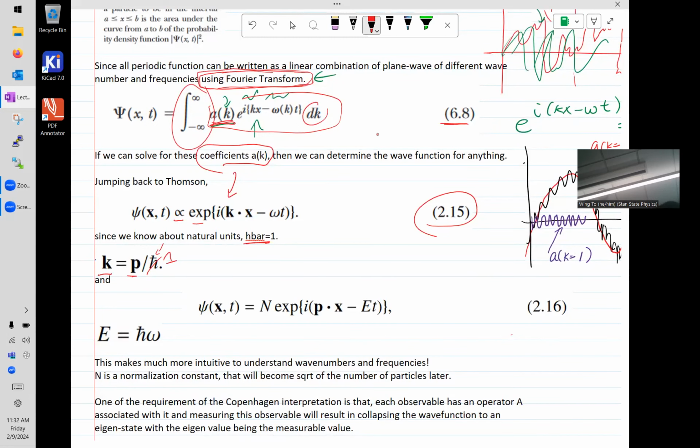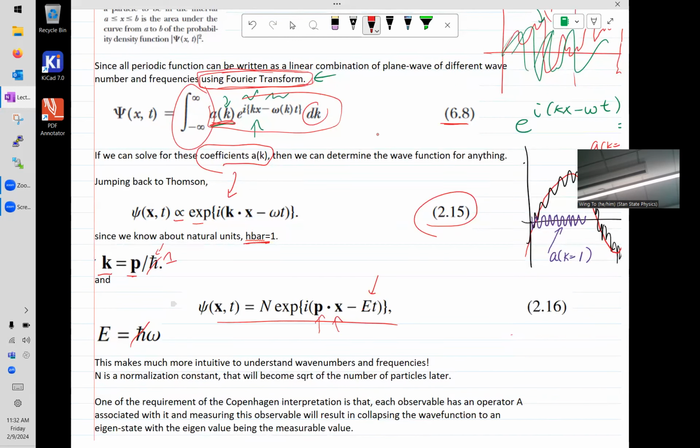And then omega: the energy of a particular wave is h bar times its angular frequency, and with h bar equal to 1, your wave function turns into some normalization, to be determined, which is the coefficient in front, times e to the i, the momentum dotted into the spatial component, and then the energy times the time.